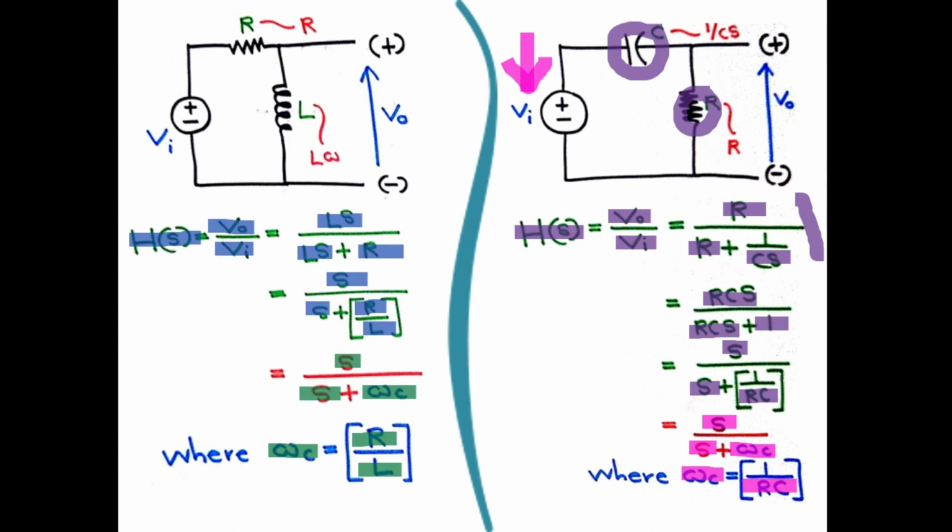Do you see these two expressions are common for both circuits? Only the value of omega c is different when compared with each other. Just keep that in your mind.